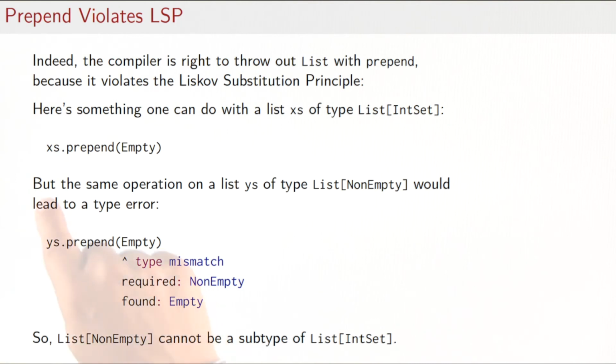We can do xs.prepend(Empty), because Empty, of course, is an IntSet. But the same operation on a list ys of type List[NonEmpty] would lead to a type error. So if we did that, ys.prepend(Empty), then you would see a type error message like this one, which says we required a NonEmpty because that was the element type of the list, but we found an Empty, and the two are not compatible.